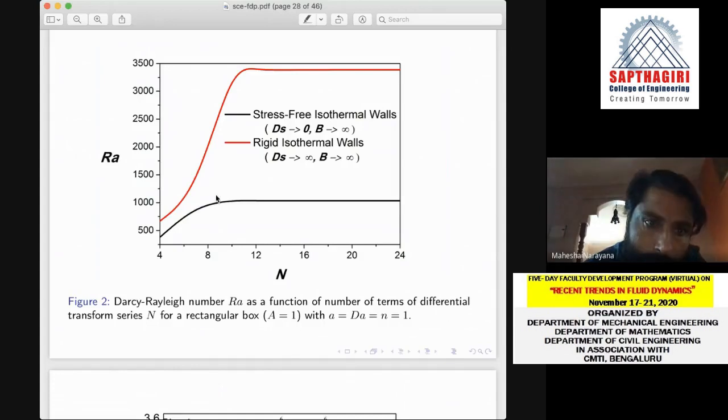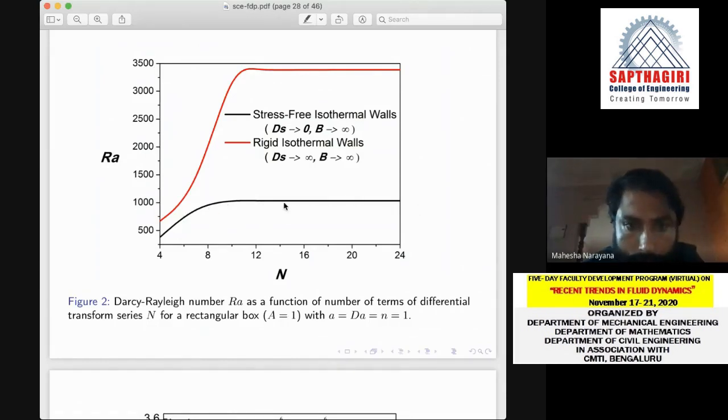And in both the cases, if you see the number of terms, when you reach 12 terms, the Rayleigh number gives a constant value. So for the rigid case, it is around 3,400 something, and for the free boundaries, it is around 1,000.